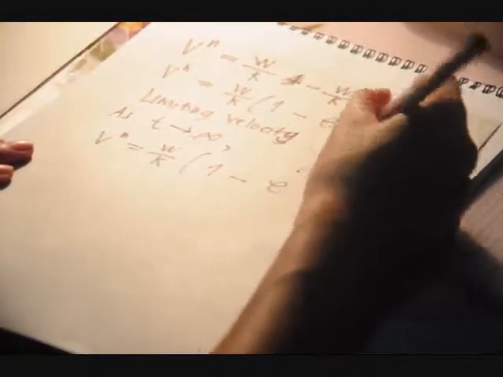We can determine the limiting velocity if we let t approach infinity. So as t approaches infinity, we have v raised to n is equal to W over k times 1 minus e raised to negative infinity. Then e raised to negative infinity will just be equal to 0. So we have v raised to n is equal to W over k times 1. So v raised to n is equal to W over k.